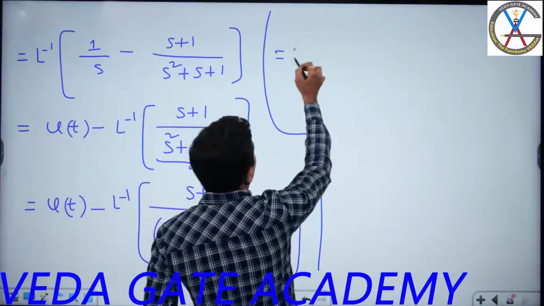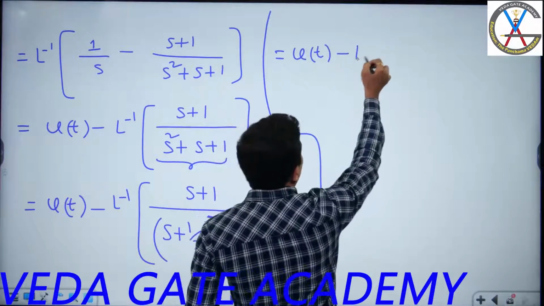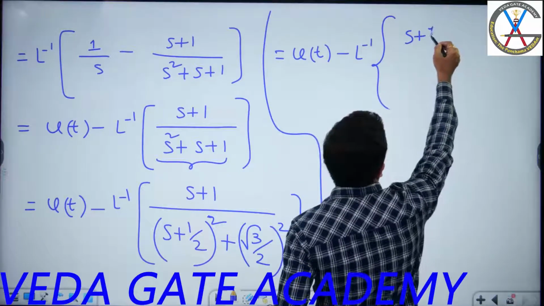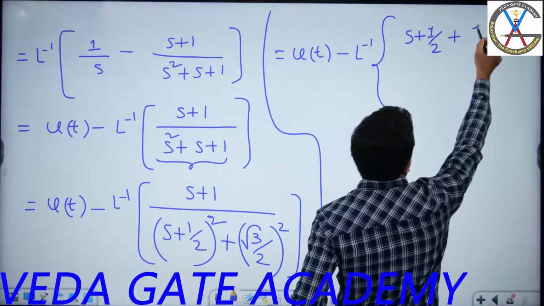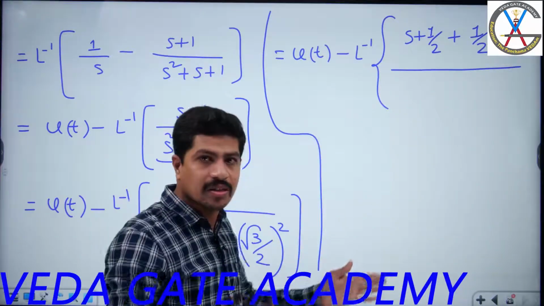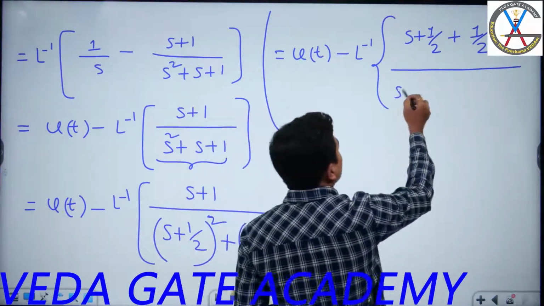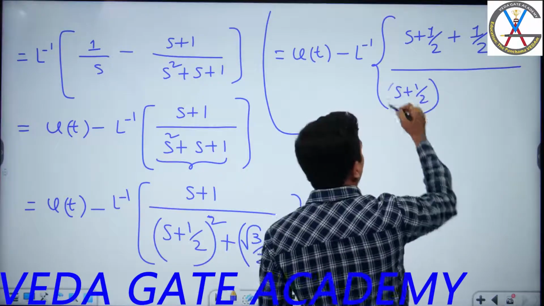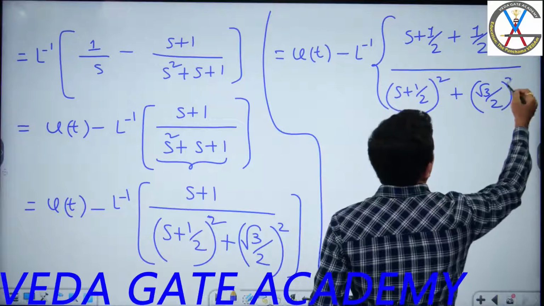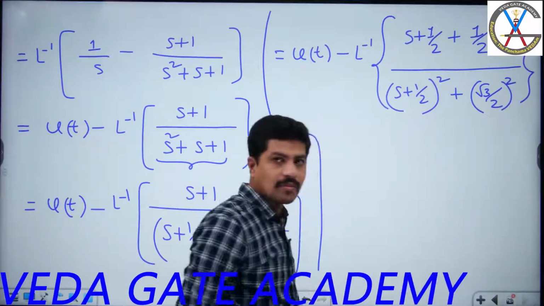That is equal to u of t minus L inverse of, I can write it as s plus 1 by 2 plus 1 by 2. Not a matter. Adding a constant means not splitting that constant. S plus 1 by 2 whole square plus root 3 by 2 whole square. Yes or not?